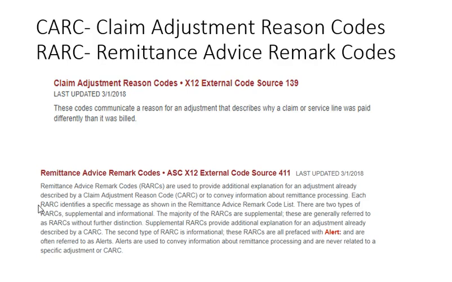Alerts are used to convey information about remittance processing and are never related to a specific adjustment or CARC. We noticed that when we saw an alert that said we could not appeal this payment decision. So it clearly only applied to remittance processing for that particular claim.